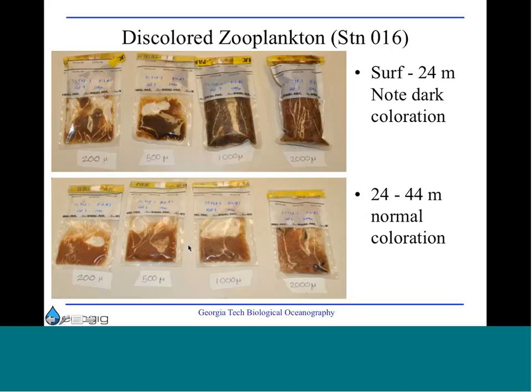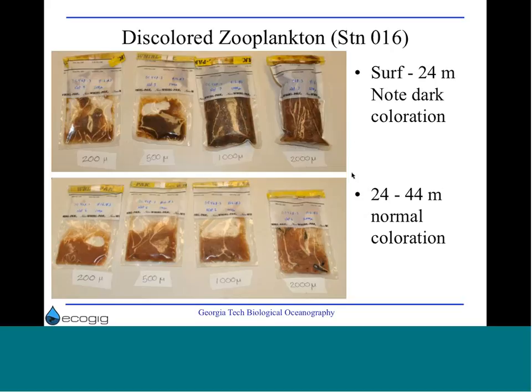The lower image shows you the typical pattern. Copepods tend to be a pinkish color. That's because of pigments that they obtain from their food. That dark coloration is associated with an oily smell and reflects the assimilation, the aggregation of oil and oil-derived carbon by these animals.